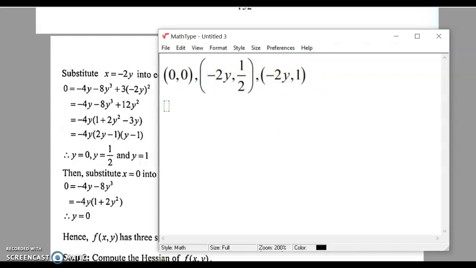So basically, the stationary points are 0, 0 for the first one, then negative 1 with 1/2 for the second one, and negative 2 and 1 for the third stationary point.